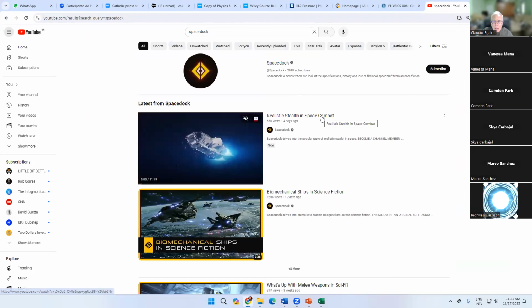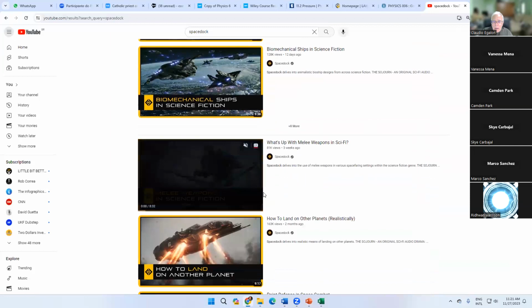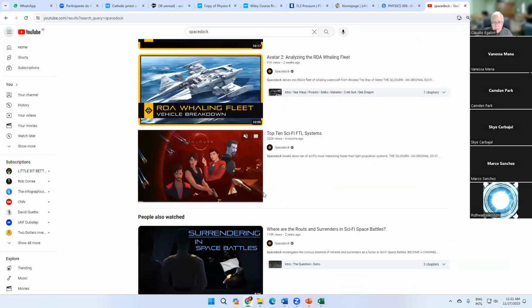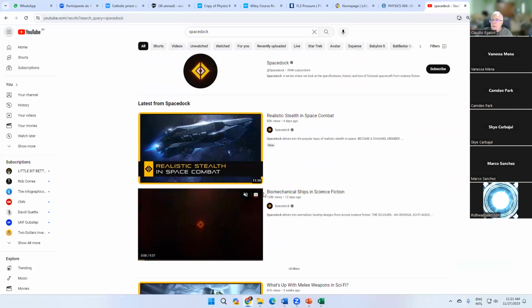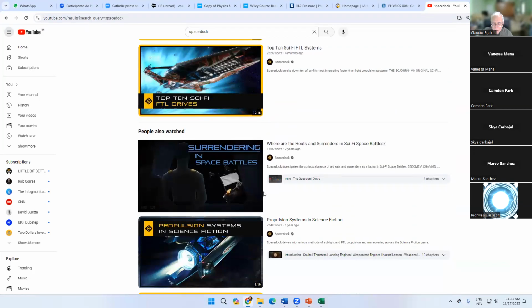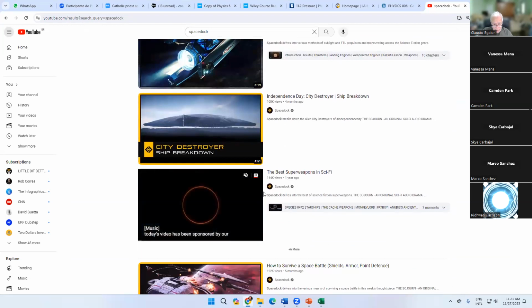Space Dock. Okay, I see some starships here. Okay, spaceships, and I saw the Spence there too, right? The Spence is very good. No, I haven't seen it, but now that you mention it, I'm going to look at it some other time.